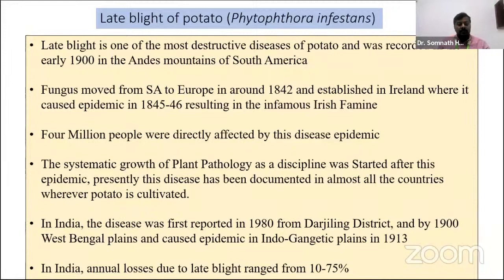These diseases are named based on their area of occurrence, and how many regions, continents or states they are affecting, the people or plants. That's why these terms are used. The systematic growth of plant pathology as a discipline started after the epidemic of this disease.